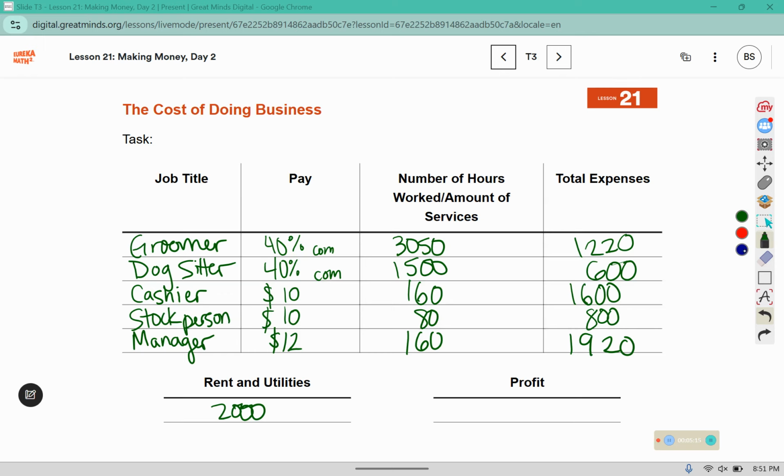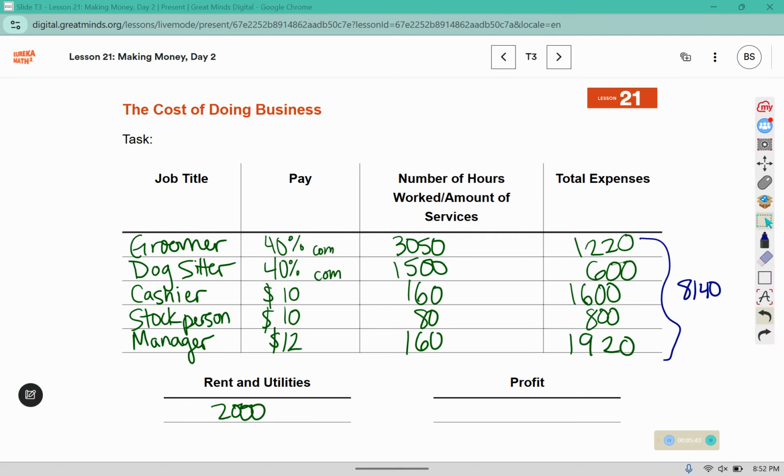So all of my expenses combined, if I add those up, 2,000 plus 1,220 plus 600 plus 1,600 plus 800 and 1,920 comes out to total expenses of $8,140.